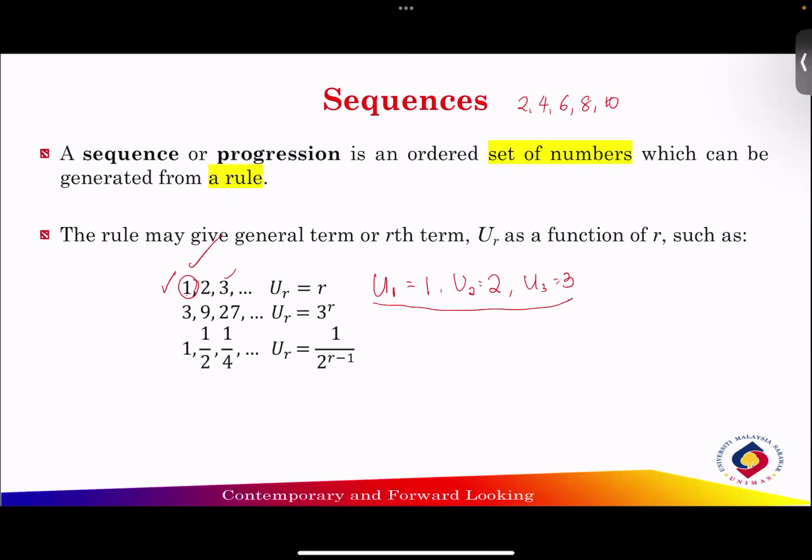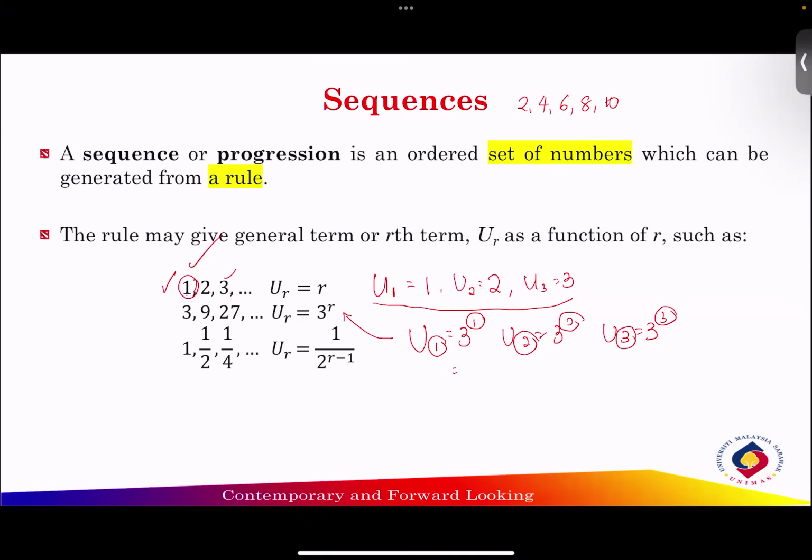How about this one? u1 is equal to 3 power of 1. u2 is equal to 3 power of 2. u3 is equal to 3 power of 3. So you can see the power here is the same as the term number.